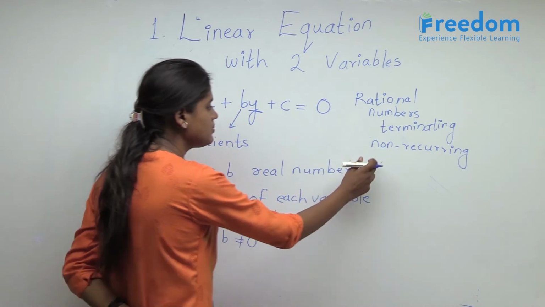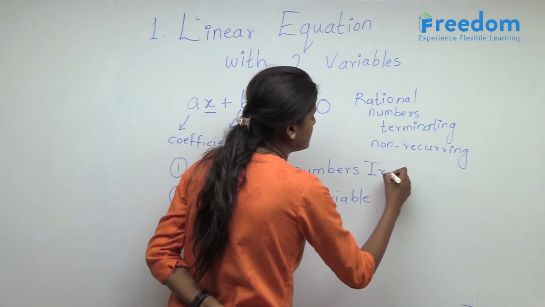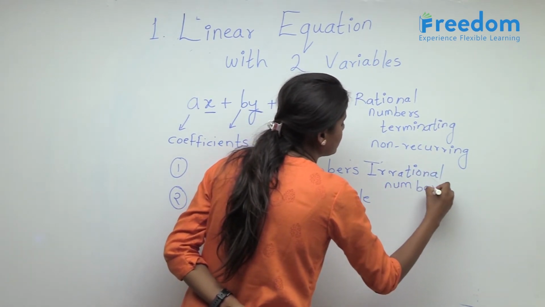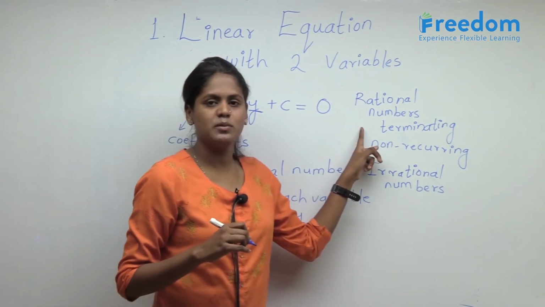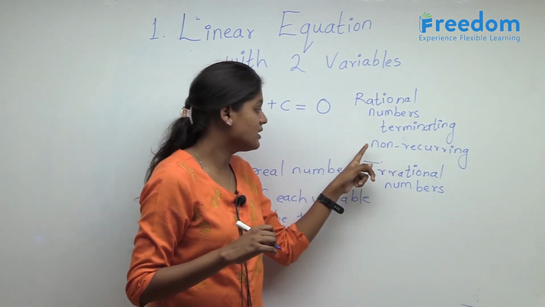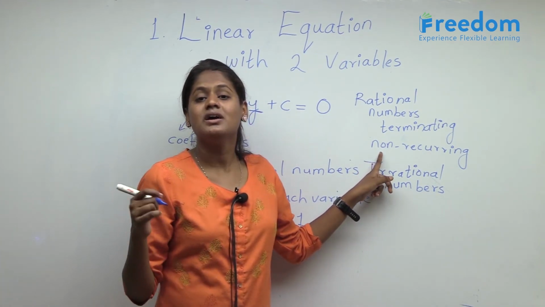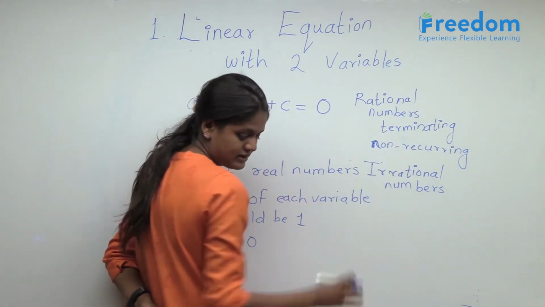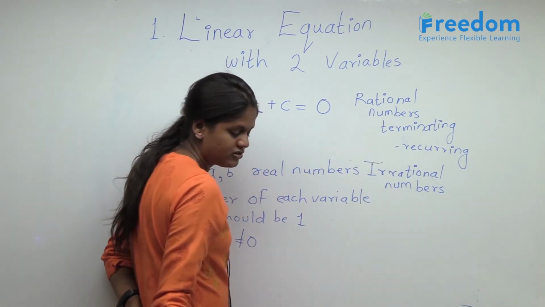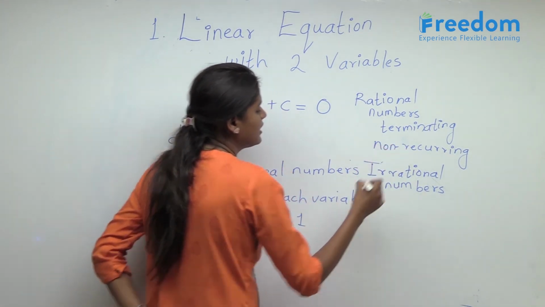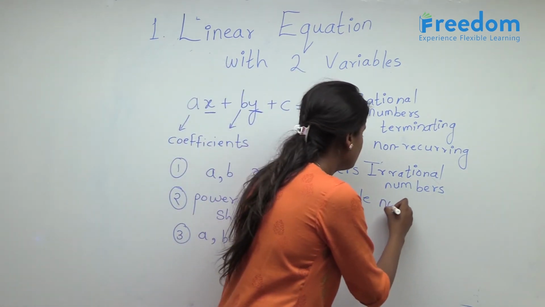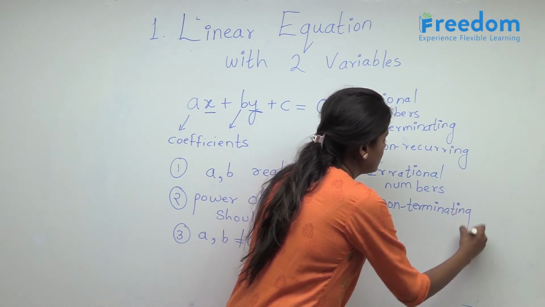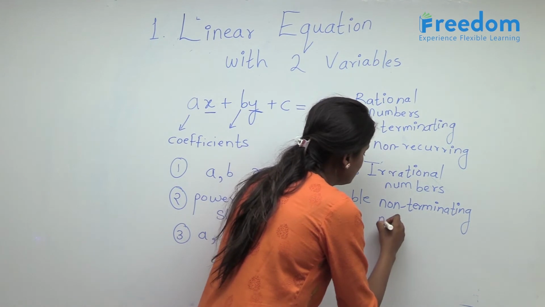Now after this, irrational numbers. What are your rational numbers? Terminating and non-recurring. Irrational numbers are non-terminating and non-recurring.